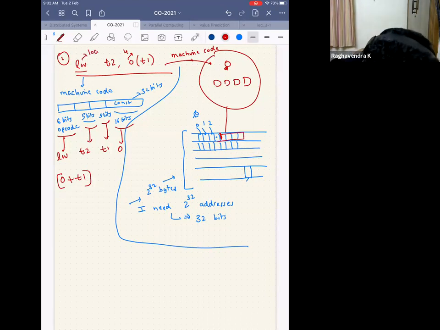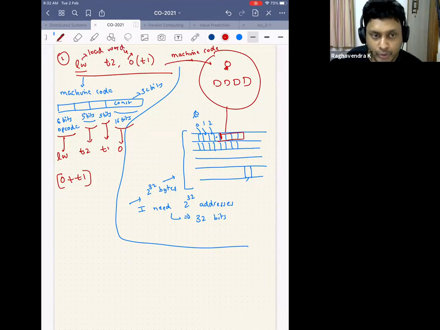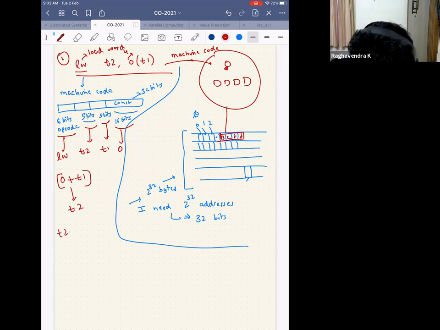Word is 4 bytes. So I go to that memory location and copy from there up till 4 bytes. I copy it into a register called T2. So if that value was some 3EFF, then T2 after this instruction will have 3EFF.